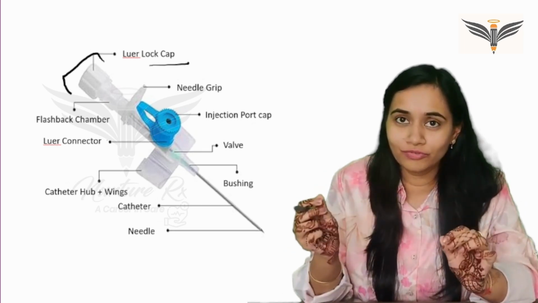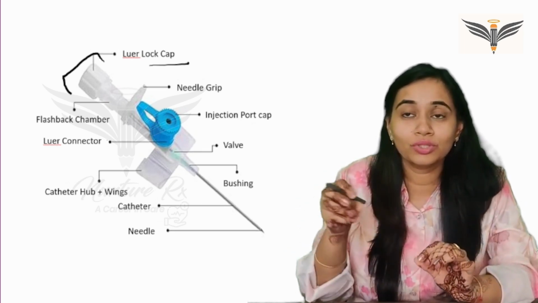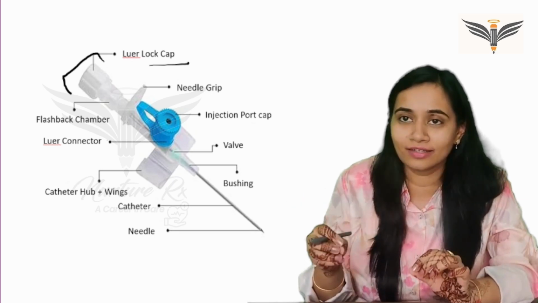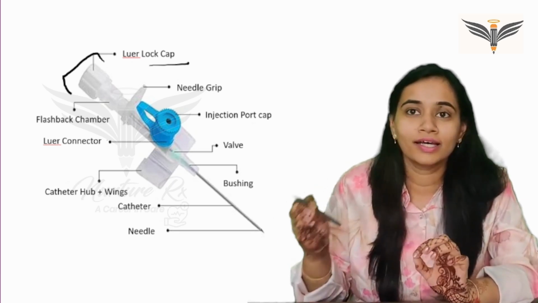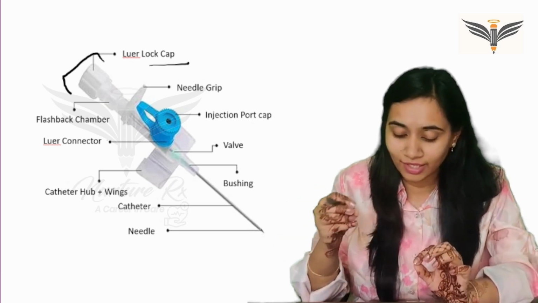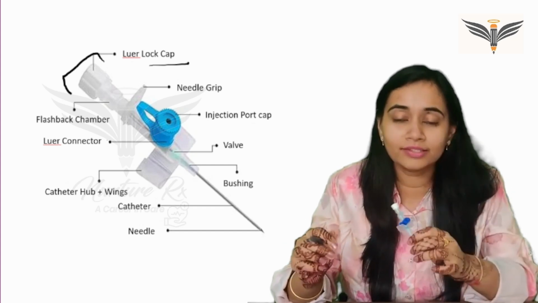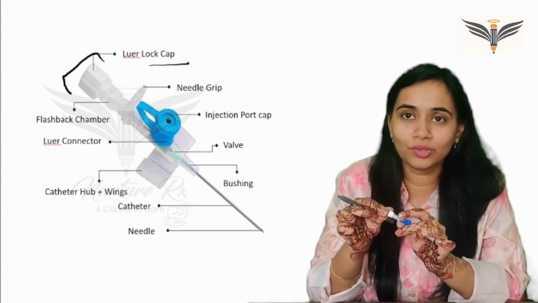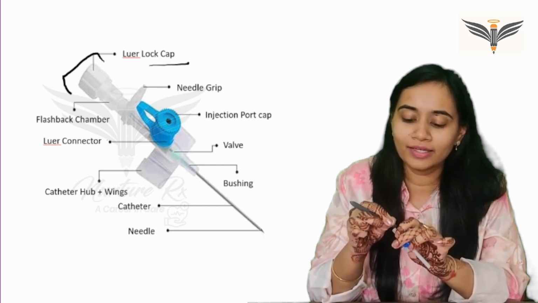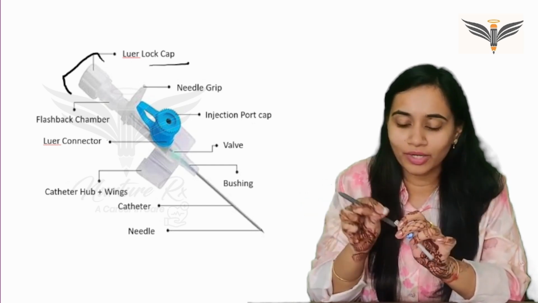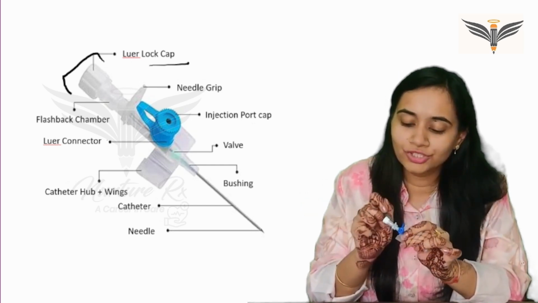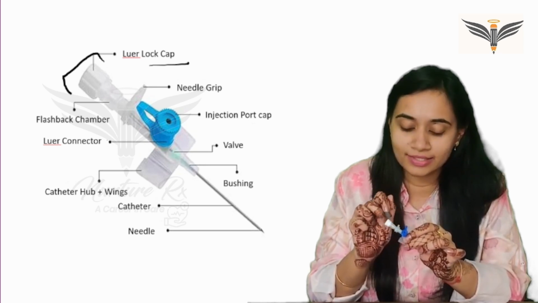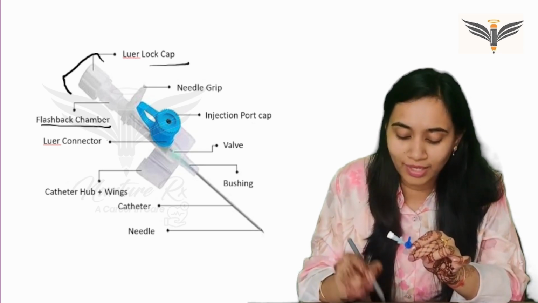It can be removed easily and it is used to connect the cannula to the external device it has to be connected with. You can see this is a cannula and this is a Luer cap which can be very easily removed.